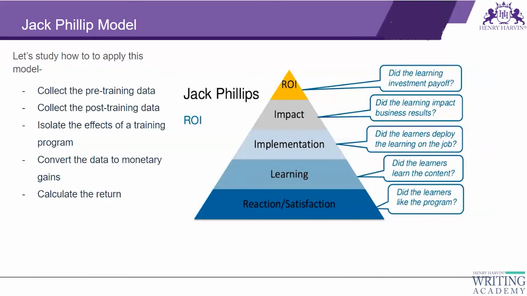I took the post-training data, which says 3.2 was the post-training score. Now isolate the effects of the training program, then convert the data into monetary gains. That means I am going to calculate the returns basically. These are the funnel stages being shown: satisfaction, then learning, implementation, impact, and then ROI. So this is basically the Jack Phillips model, which is being explained.